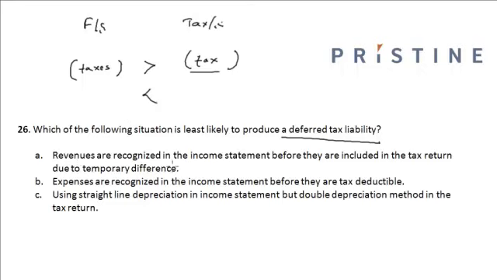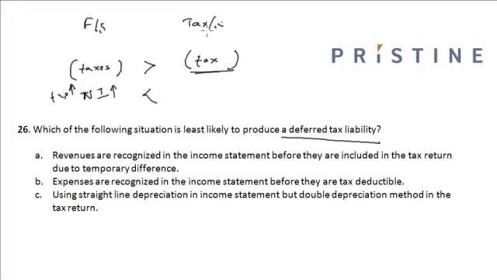The revenues are recognized in the income statement before they are included in the tax return due to temporary difference. Now, once the revenues are recognized in the financial statements, my net income increases, and hence my taxes also go up.